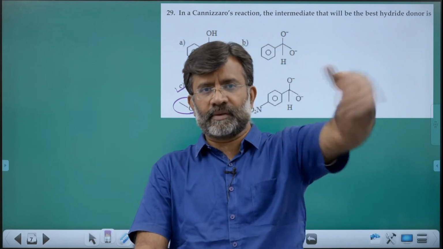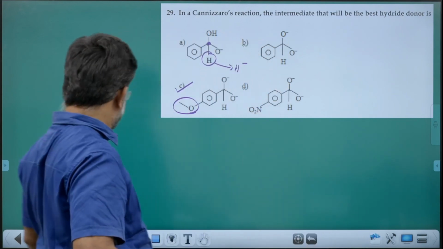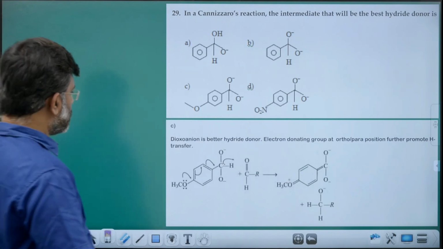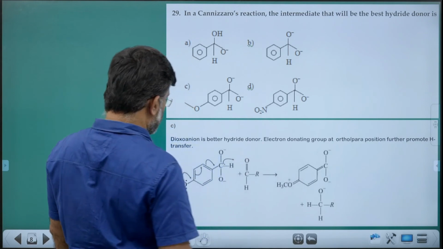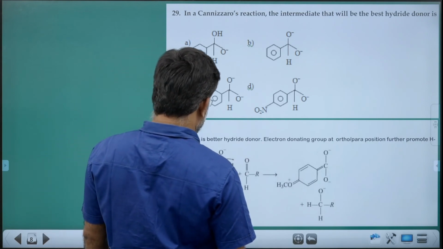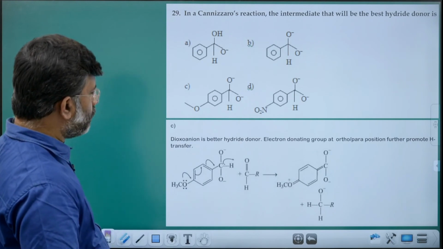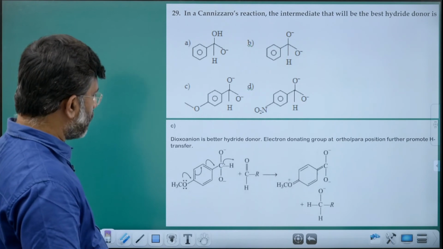H minus removal is promoted by electron donating groups. Yes, option C. The dianion is a better hydride donor. An electron donating group at ortho or para position further promotes H transfer.